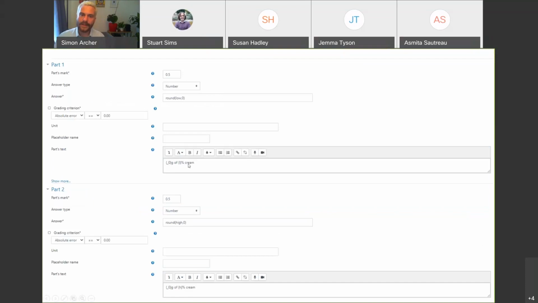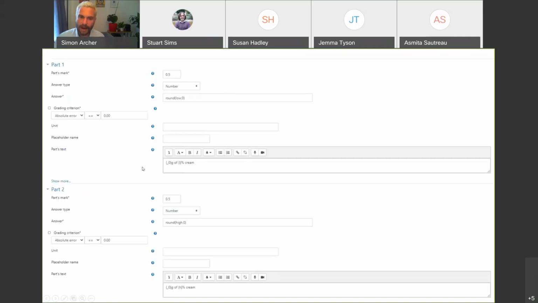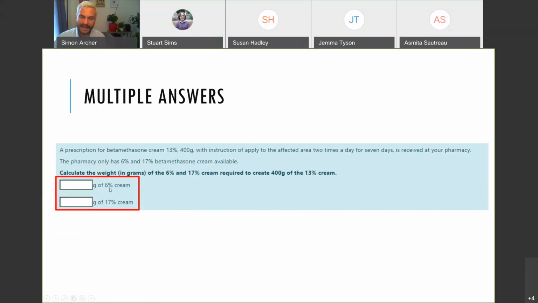Because I have varying options, so this 6, the low, and the 17, the high, I've got my variable inputted into this box as well. So it will automatically insert the same number that you have there in here. Essentially it allows you to constantly populate. You haven't got to alter anything, but it gives the student a clear indication what they need to fill in when they put their answer in.